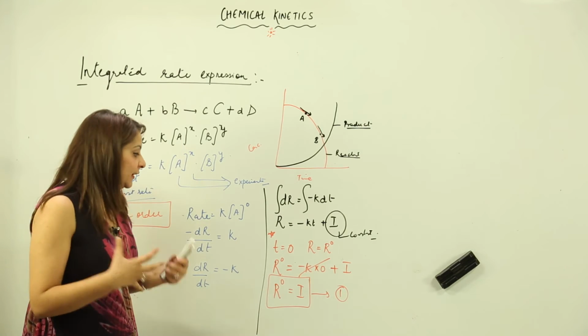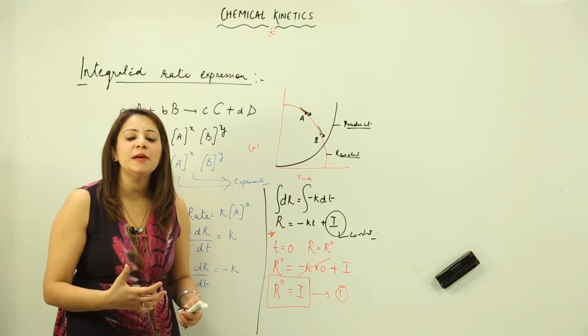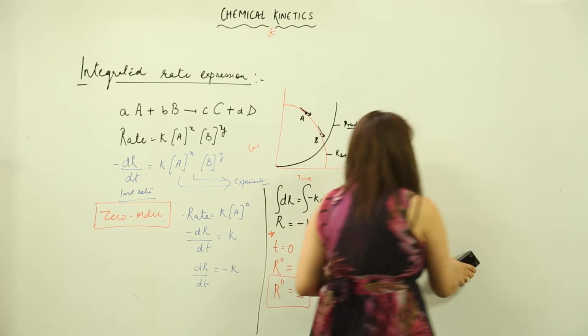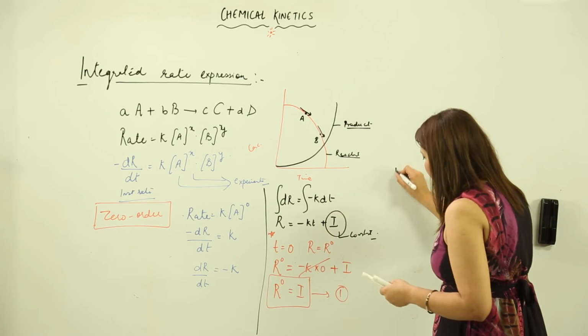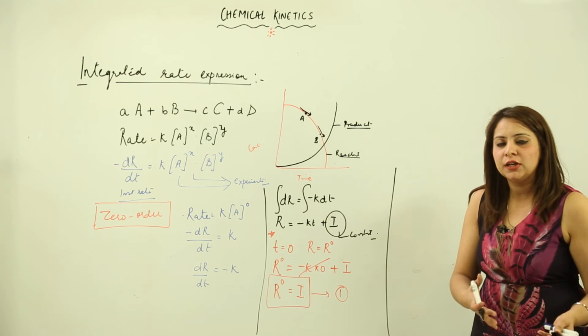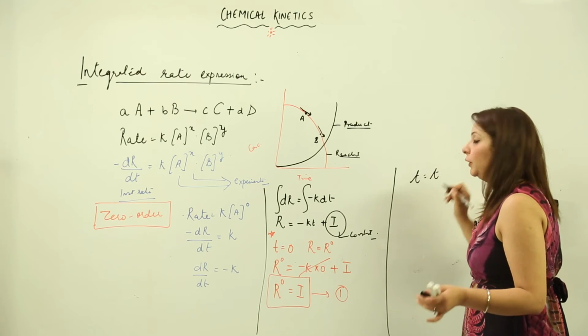So this is the value we have got for this constant I when the time is 0 and R is R naught. Now suppose that the reaction is proceeding as the time is increasing, so time is increasing from 0 to t, right. So in the second case, I am just changing the time. We are thinking that the reaction started from time t equal to 0, and now it is proceeding to time equal to t.